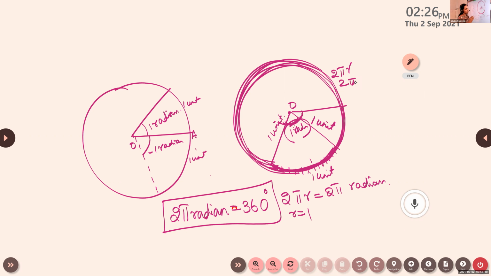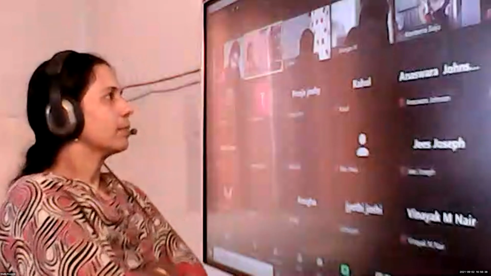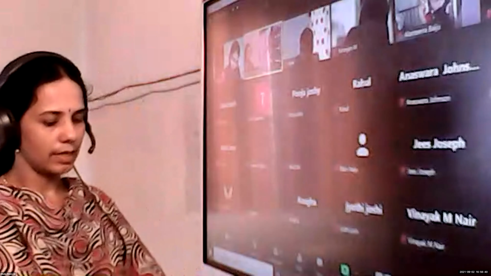Arc length of 1 unit subtends 1 radian, arc length of 2 units subtends 2 radians, so arc length of 2 pi will subtend 2 pi radians. 2 pi radians means one full complete circle. And a full circle means 360 degrees. So we get 2 pi radians is the same as 360 degrees.